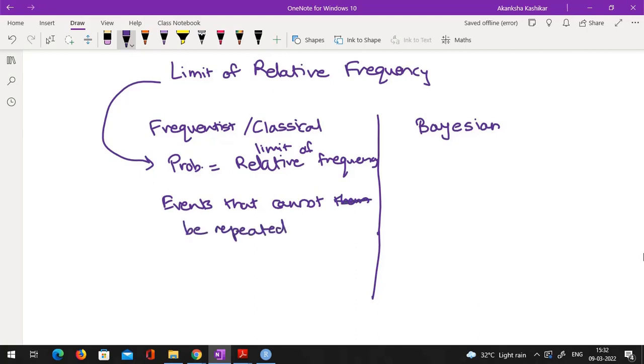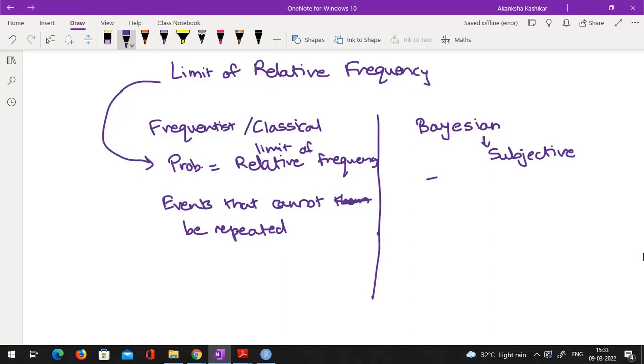Whereas in Bayesian, this is a slightly more subjective approach. If I feel that the chances of me drinking a coffee after this lecture are say 50%, then I can put it in that way itself. I don't have to define it in terms of relative frequency or repetitions.